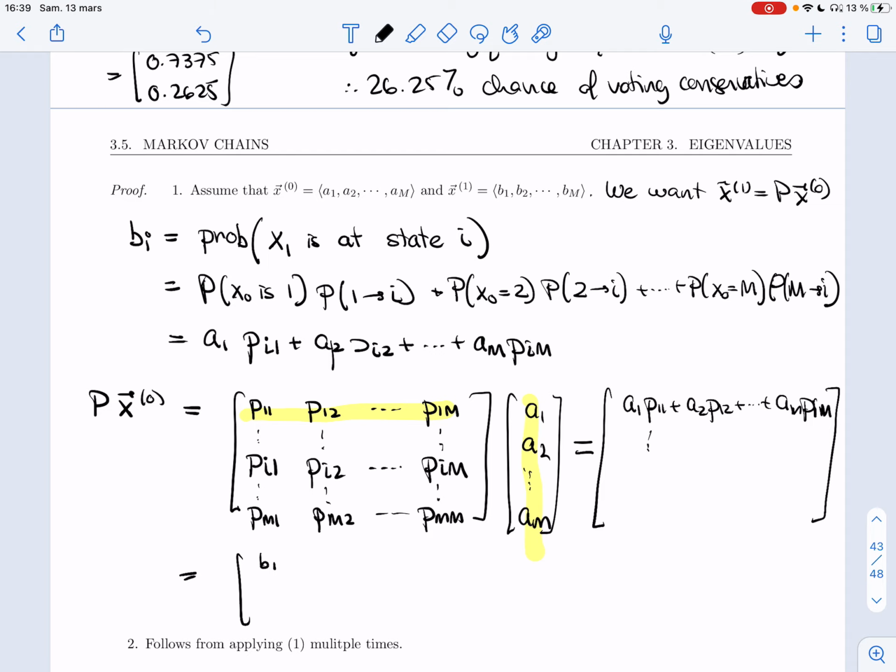And then for the middle one, I'm going to get this times this, and that gives me a1 Pi1 plus a2 Pi2 plus am Pim, and so that is bi, and so on. And so yes, we do get x1.